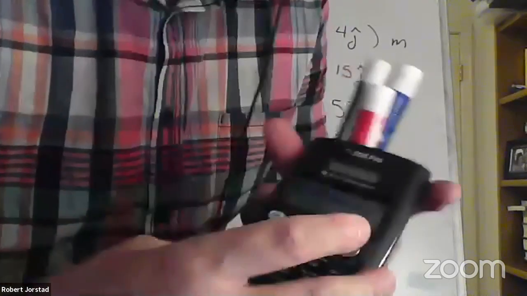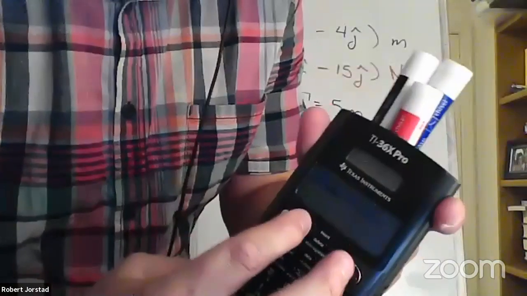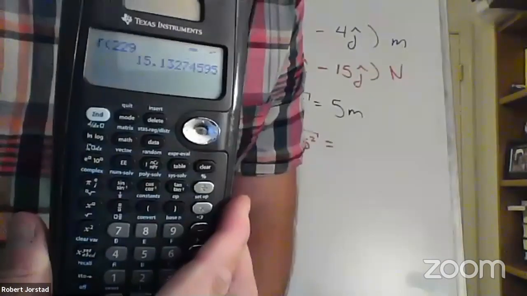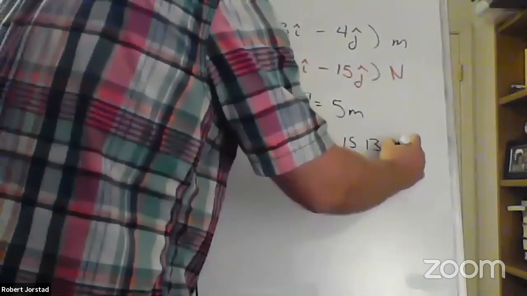Then I can get out of there by hitting second quit. Now I can do the square root of 229. That's 15.13 newtons.